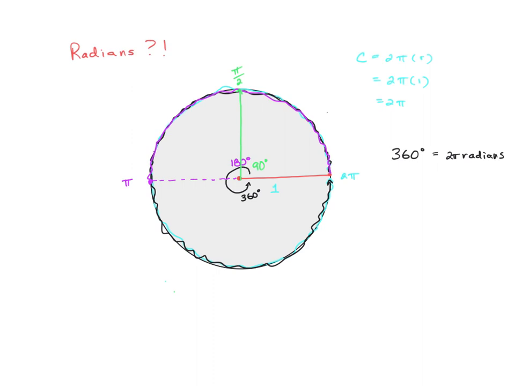I could calculate that my radians, which is related to this arc length here, is pi over 2 radians.